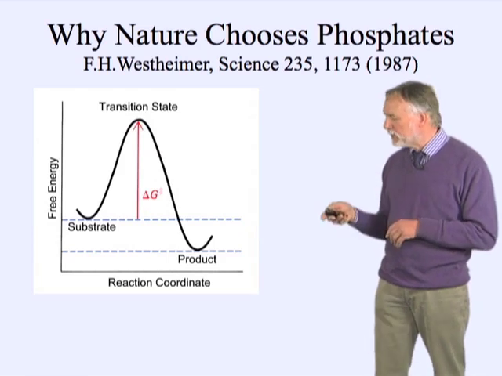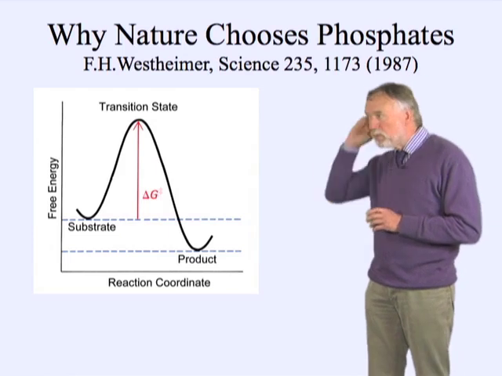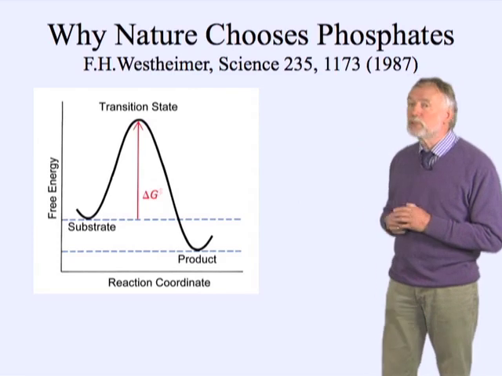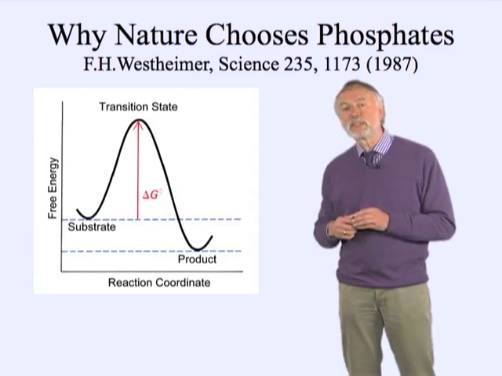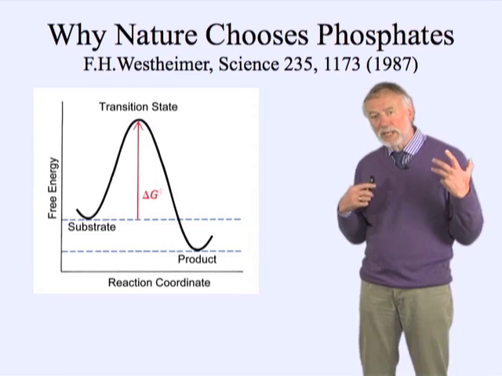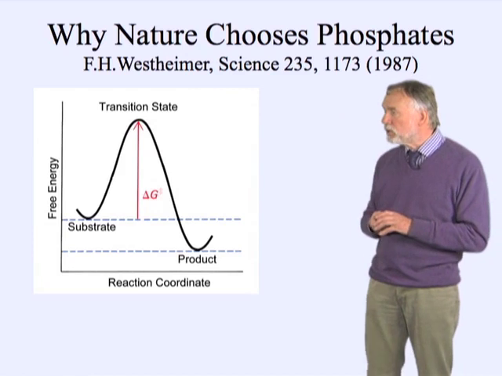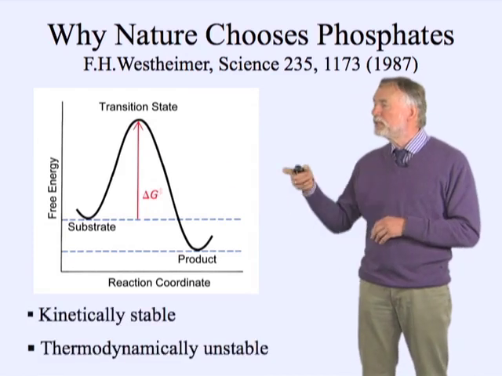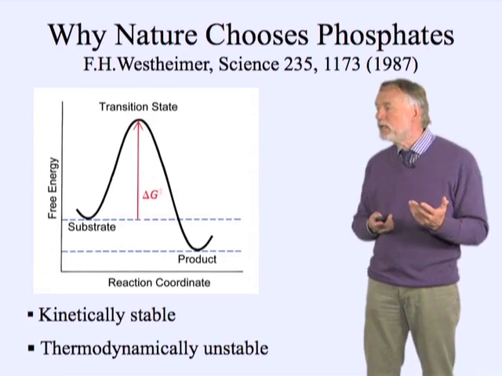There's an interesting article that I bring to the attention of my students all the time, from Francis Westheimer, who wrote many years ago about why nature chooses phosphate, because chemists never use phosphate as a leaving group, while in biology it is a very frequent leaving group. The phosphoanhydride bond or the phosphoester bond is kinetically stable.